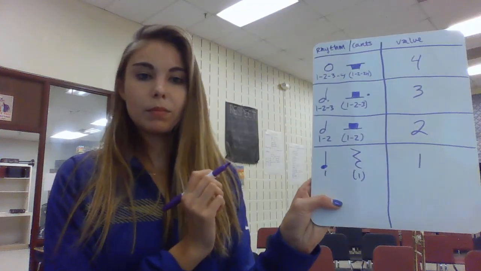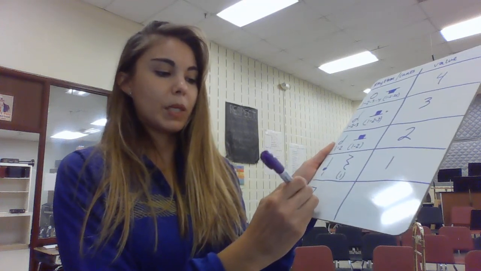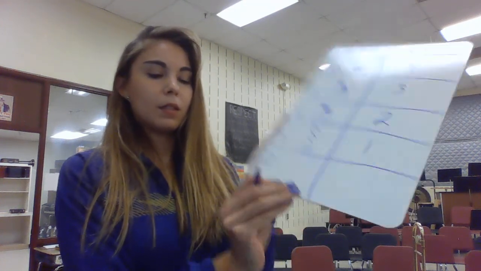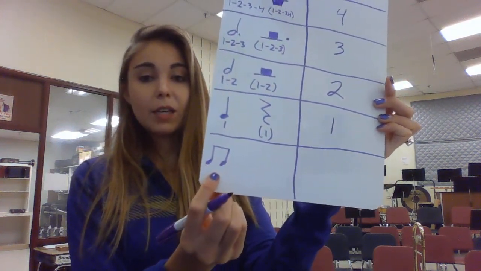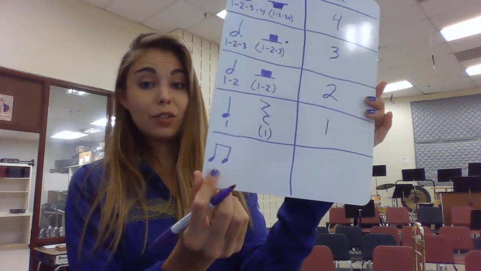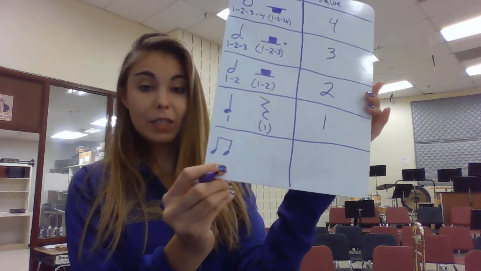And it equals 1. And now our last thing we're drawing are 2 eighth notes beamed together. That's not 1 eighth note, that's 2 eighth notes. And we stick them together with that little beam at the top. Okay? And you count it like this, 1 and.